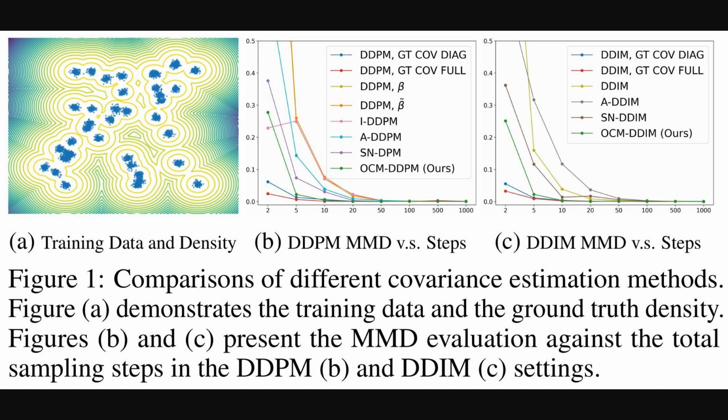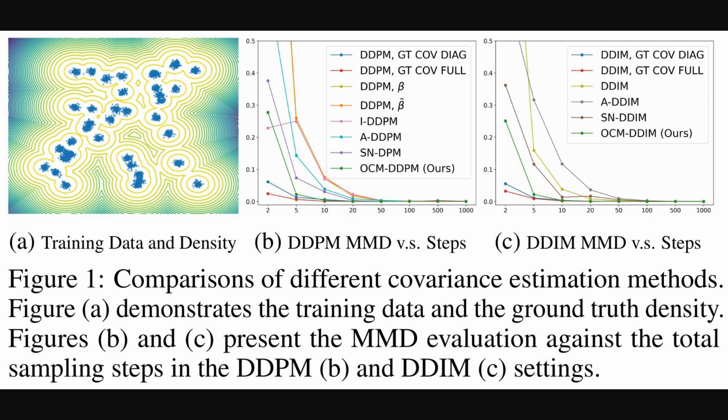That's a score for how similar the generated data is to the real data, lower is better, against the number of sampling steps. These plots compare performance in both denoising diffusion probabilistic models and denoising diffusion implicit models, which are another, often faster, type of diffusion model.